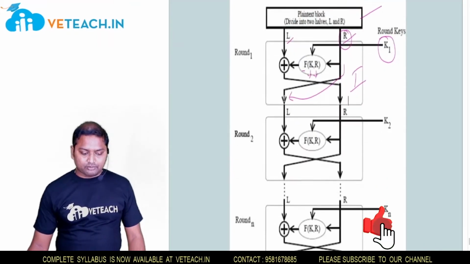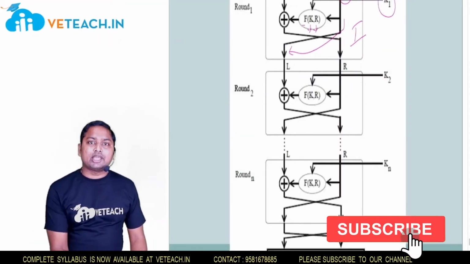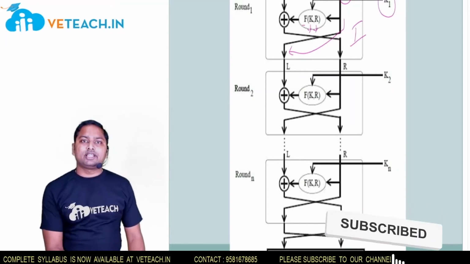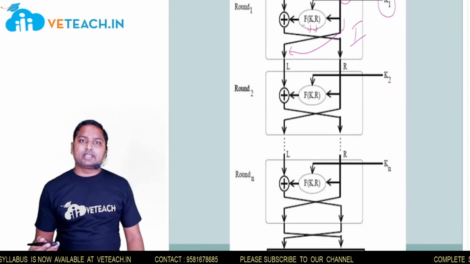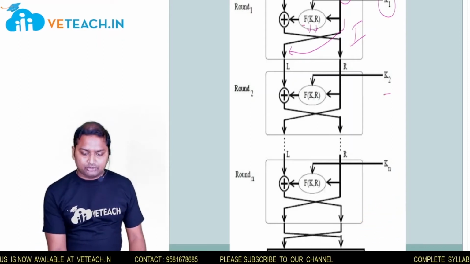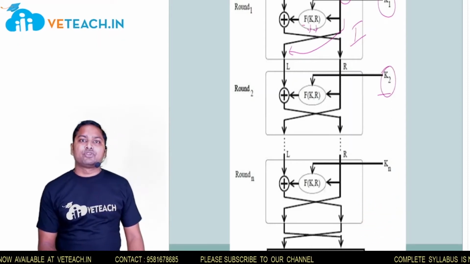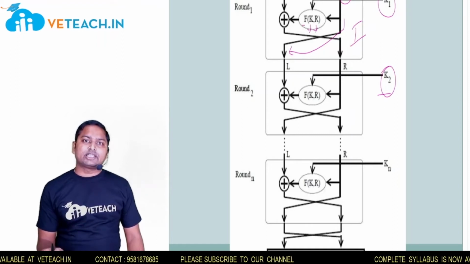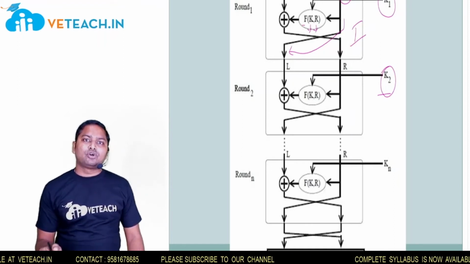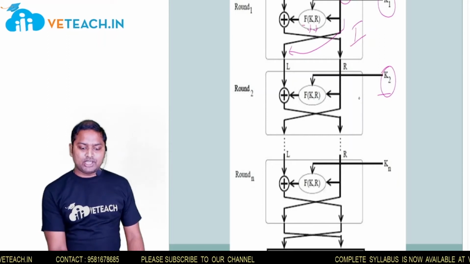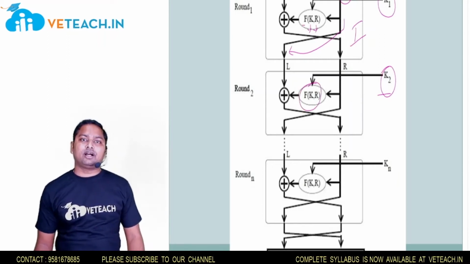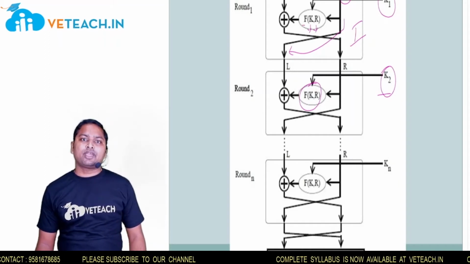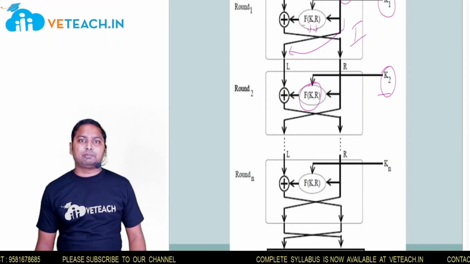Now the second round, and again the same process. On the left-hand side there is some text, and on the right-hand side is another text. Again I take the right-hand side and use the second key. In each and every round the key value changes, and I use the same function f of K, R, where K is the key value and R is the right-hand side of the plain text.